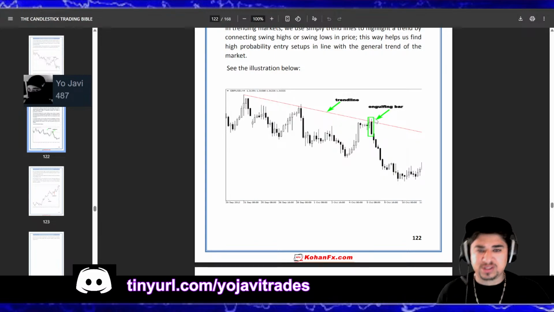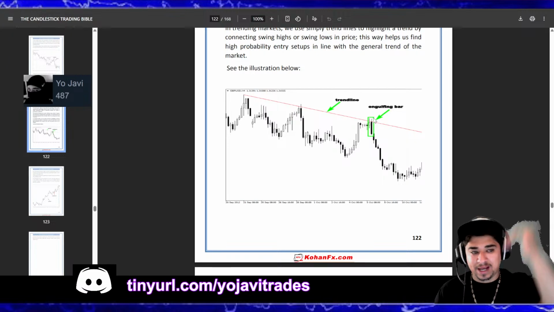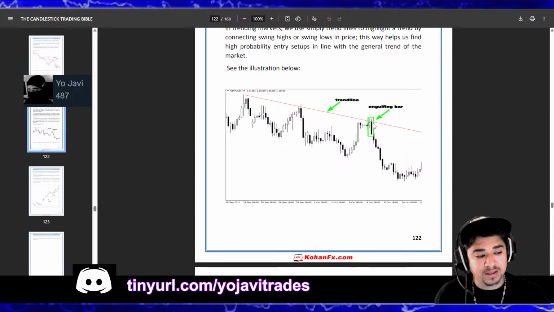Now, the interesting thing is that I've always said, and I will still look at it that way, that the engulfing bar has to completely cover the previous candle, from top to bottom. But look at this. The book doesn't really even have, you see that high, the high of both candles. The second one is not completely covering that, but this second candle is definitely bigger than the first one.